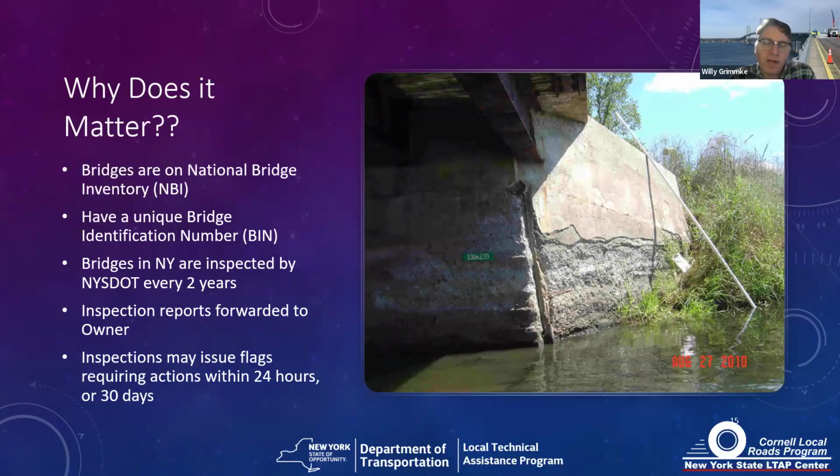It could be a red flag, which in conjunction with the safety flags often have a 24-hour or 30-day response time, depending on the severity. Or it may be a yellow flag, which basically triggers annual inspections and is something that the bridge owner will just need to keep an eye on, or maybe put on their maintenance program for repair.